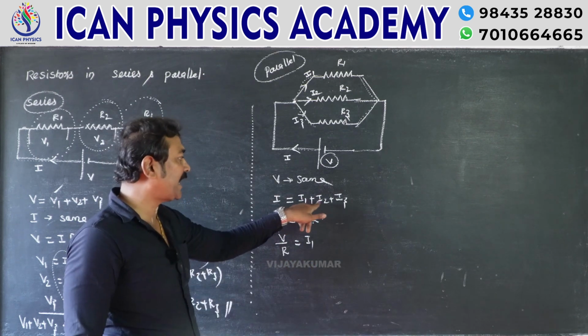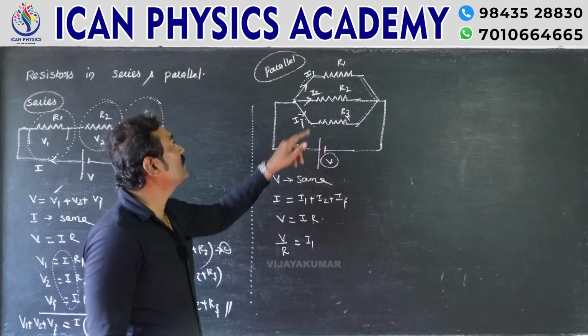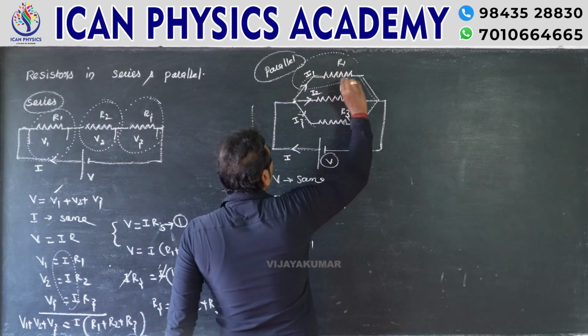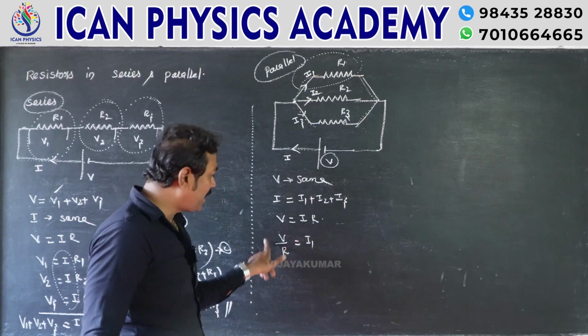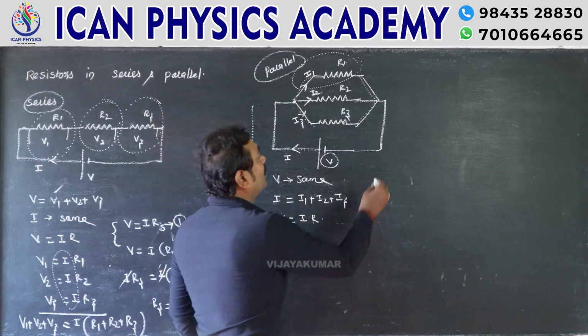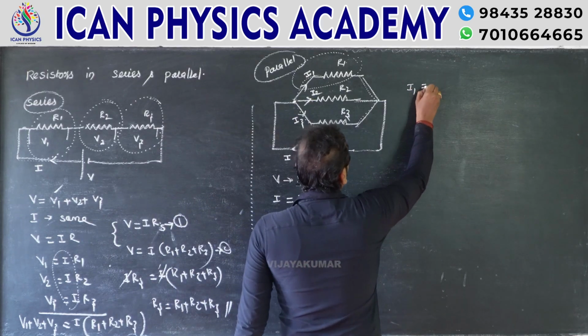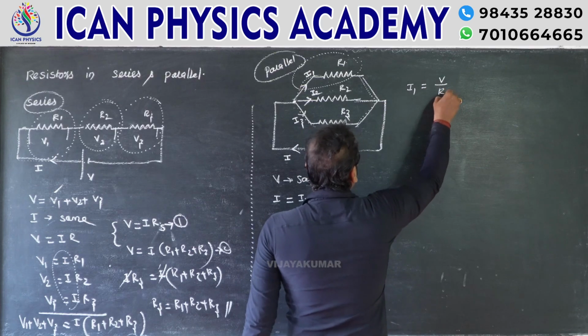We are going to calculate I1, I2 and I3. So I1 equals V by R1.